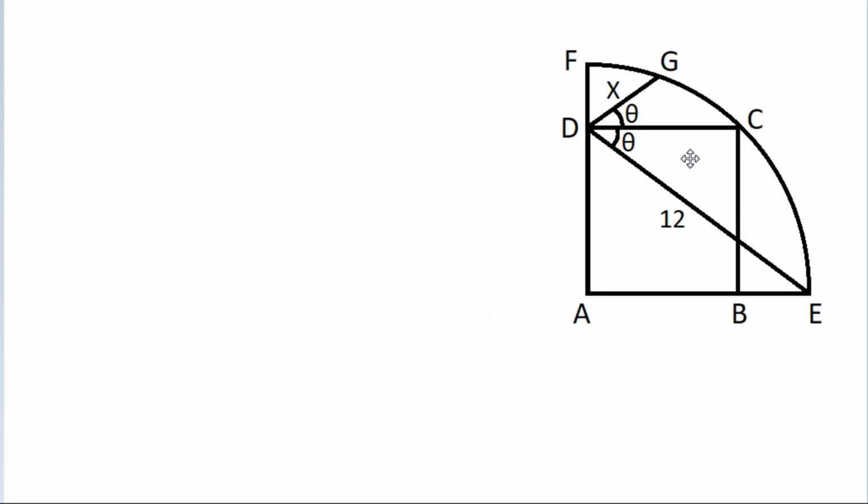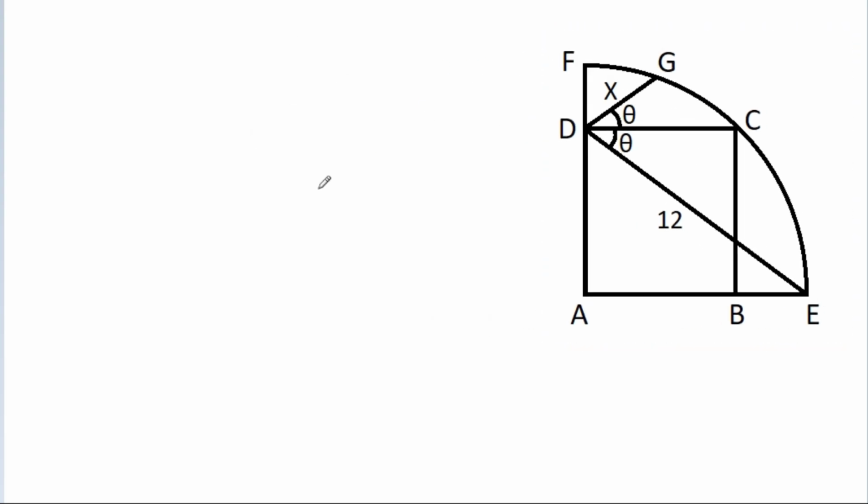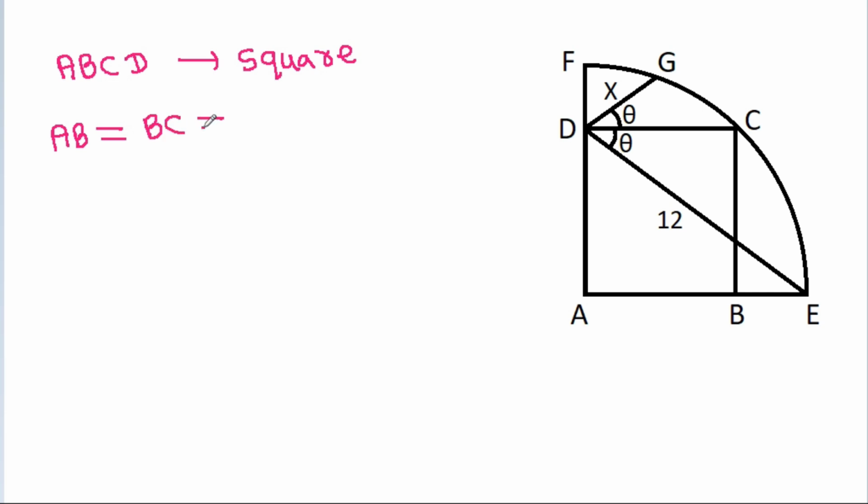and now ABCD is a square. So AB will be equal to BC will be equal to CD will be equal to DA.